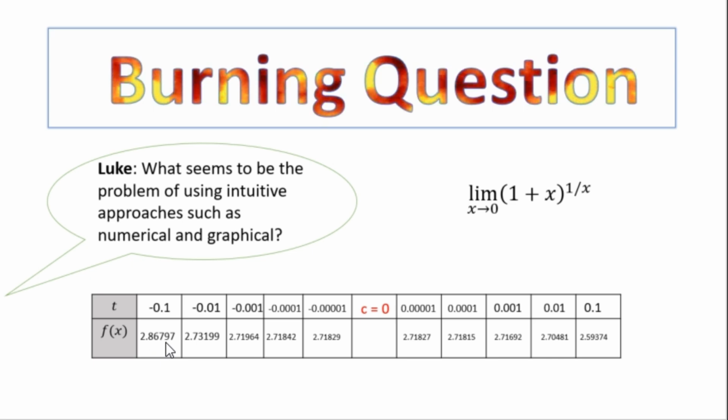Look at this. We start with 2.8679, becomes 2.73199, 2.796. It doesn't really give us a pattern of where it is going.